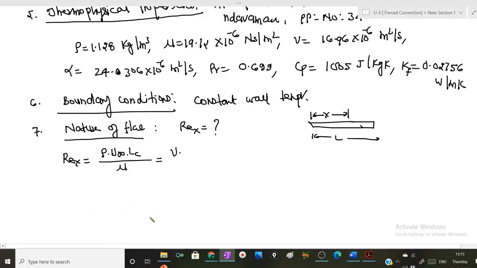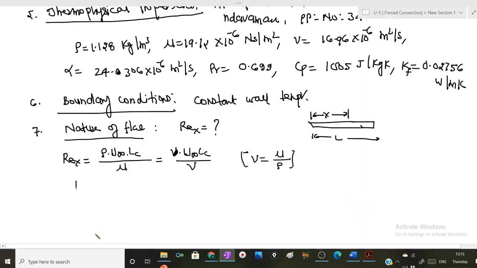So this is the formula, rho into U infinity into Lc over mu. This can also be given as U infinity into Lc over nu, because nu is mu over rho.